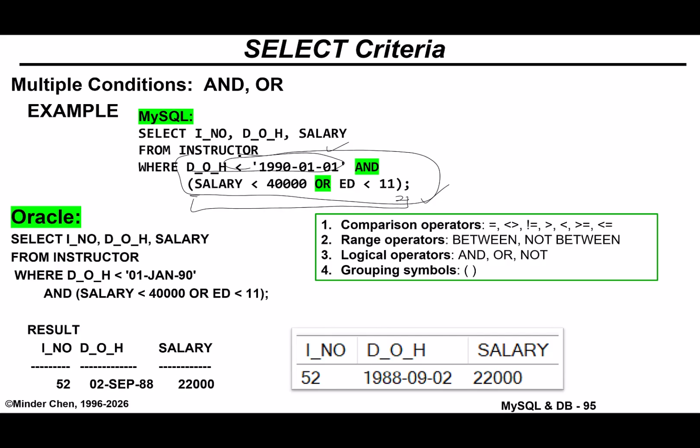Not really logical, but it can go along with and, or if necessary. And the grouping, the parentheses, change the order of evaluation, changing the precedence of the evaluation.